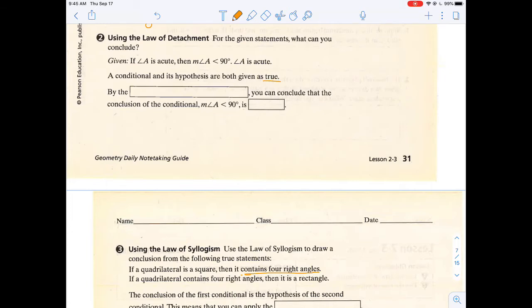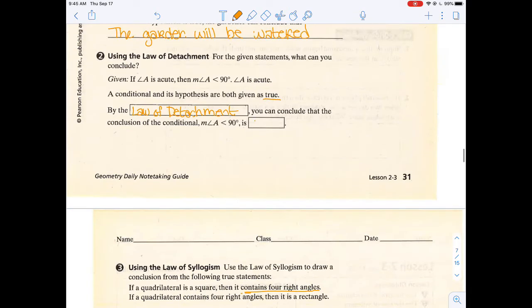By the law of detachment, you can conclude that the conclusion of the conditional statement, the measure of angle A is less than 90 degrees, is true. Because we know that what we were given up here is true, so then this part has to be true as well.